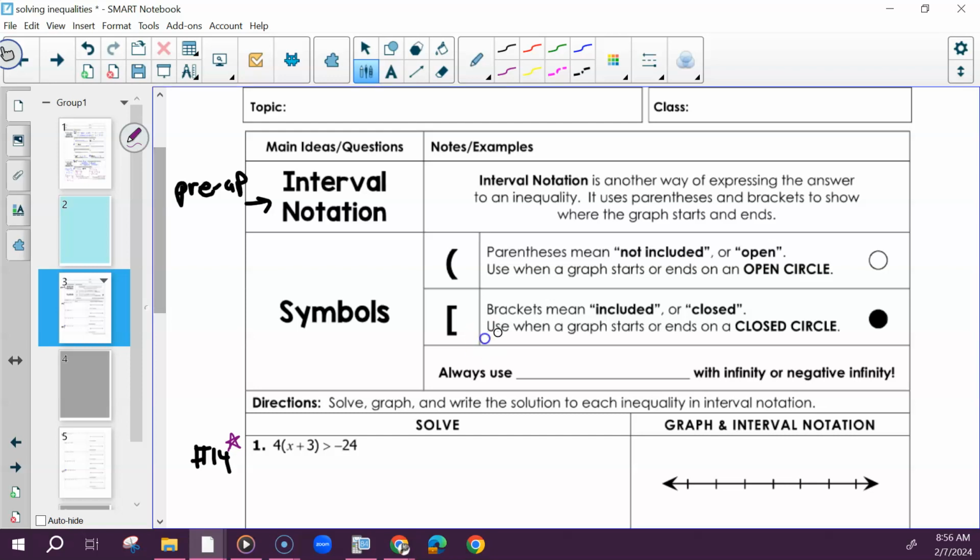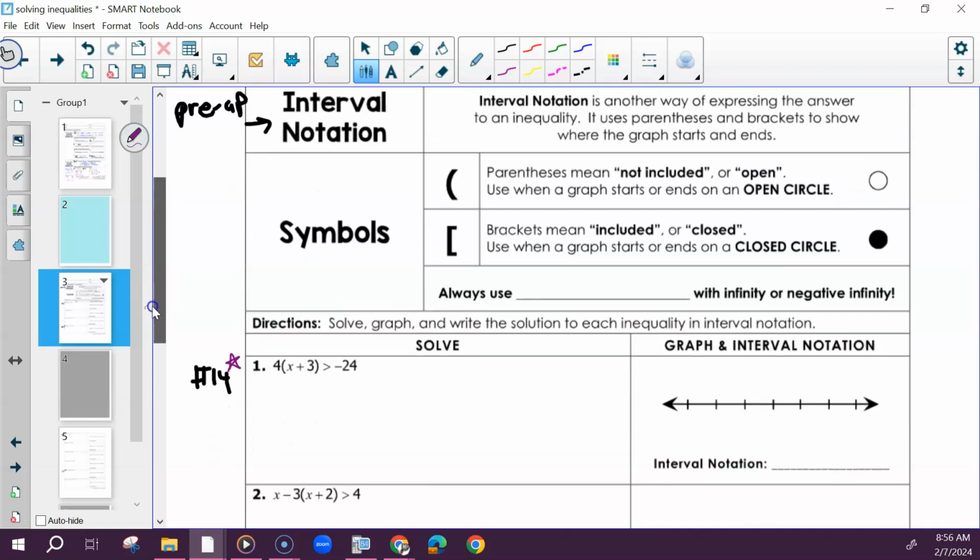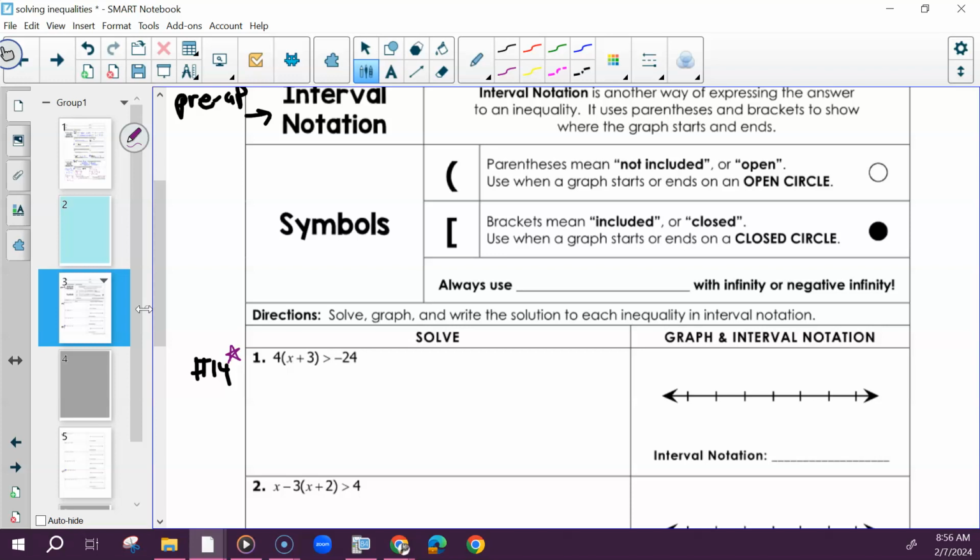We use brackets to mean it's included if we would use a closed circle. And then if it goes to infinity or negative infinity, we would use parentheses. So that doesn't really make a whole lot of sense right now, but once we actually do it, it should start to.